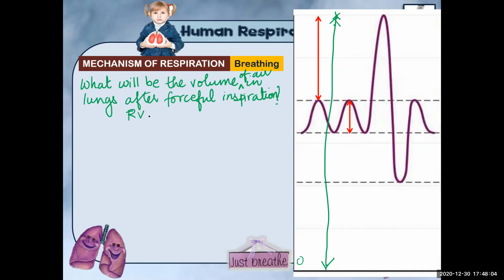Residual volume, expiratory reserve volume, tidal volume and inspiratory reserve volume. मतलब total lung capacity के बारे में मैं पूछ रहा था. What is the volume of air in the lungs after forceful inspiration? ठीक है.